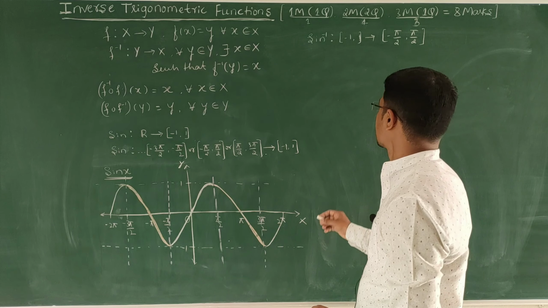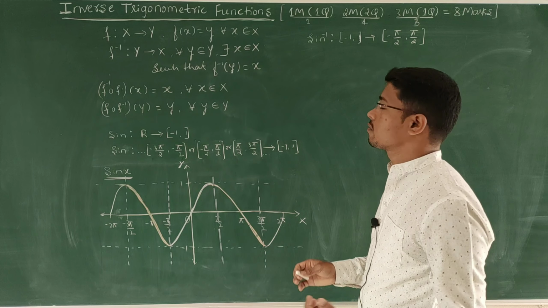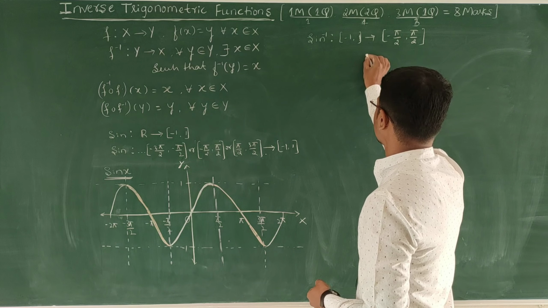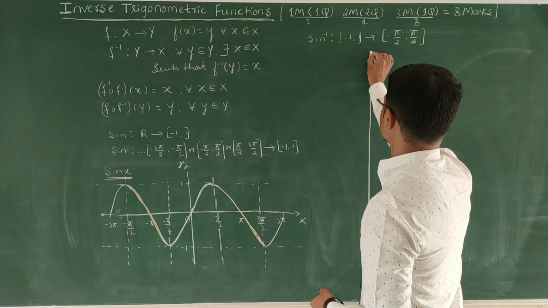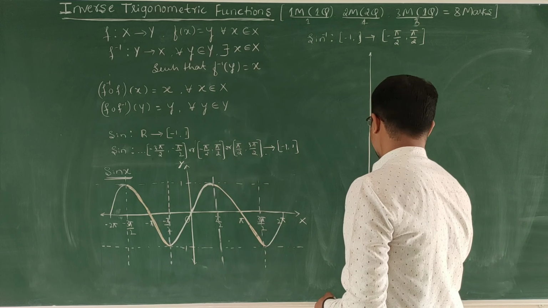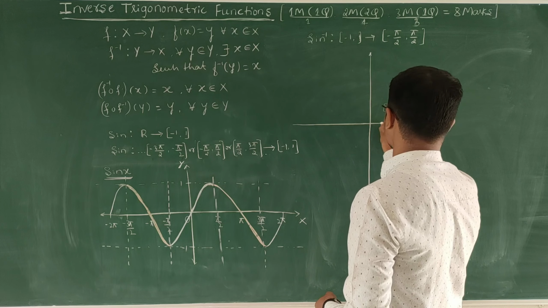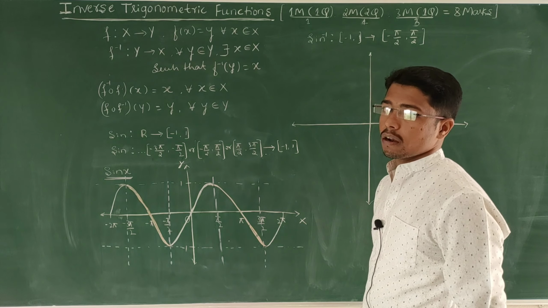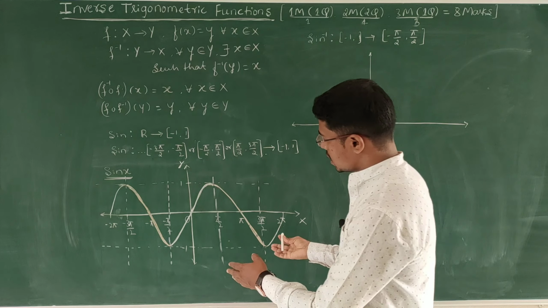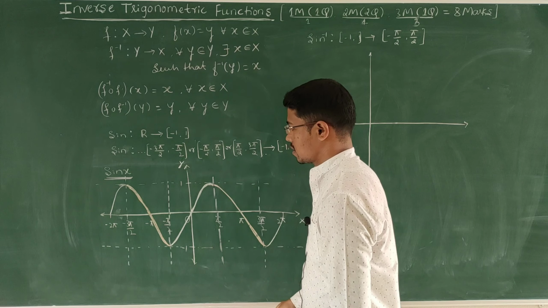Okay, now let us see the graph of the sine inverse function, how it is defined. The sine inverse function graph will be obtained by interchanging the x-axis and y-axis of the sine graph.